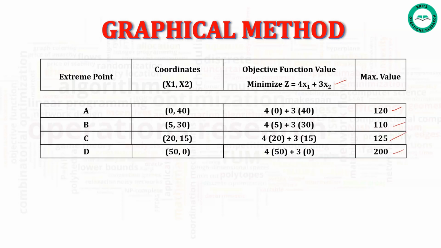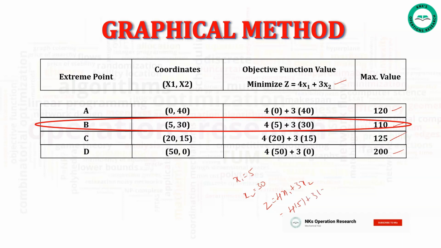So the minimization value will occur at B, so x1 equals 5 and x2 equals 30. The objective function Z equals 4x1 plus 3x2. When we substitute x1 and x2, we get 4 into 5 plus 3 into 30, which is 110. So the Z value equals 110.